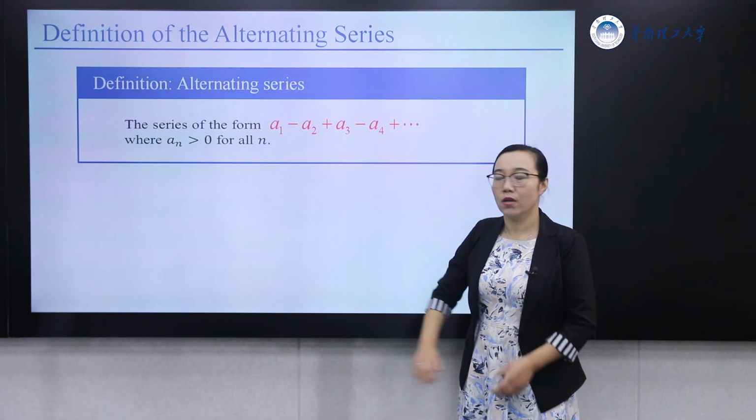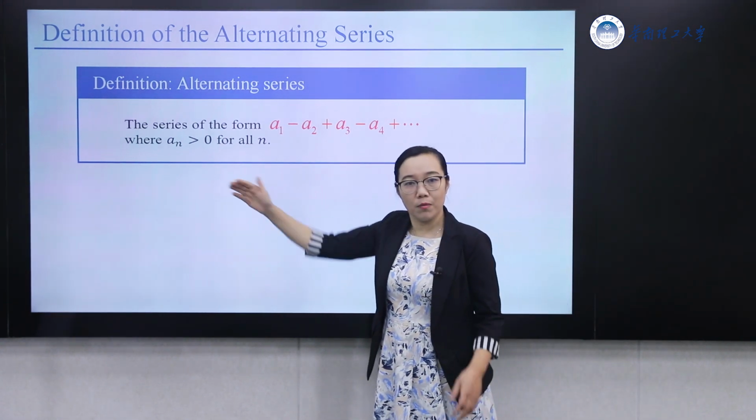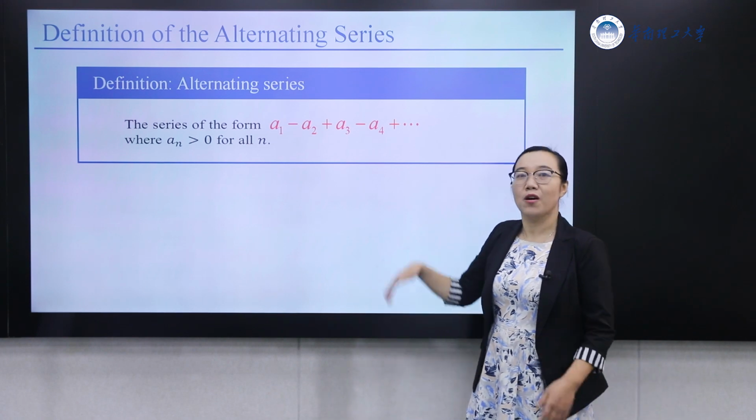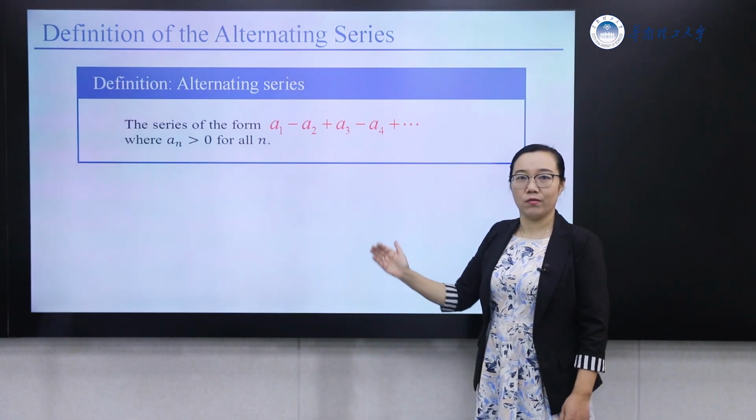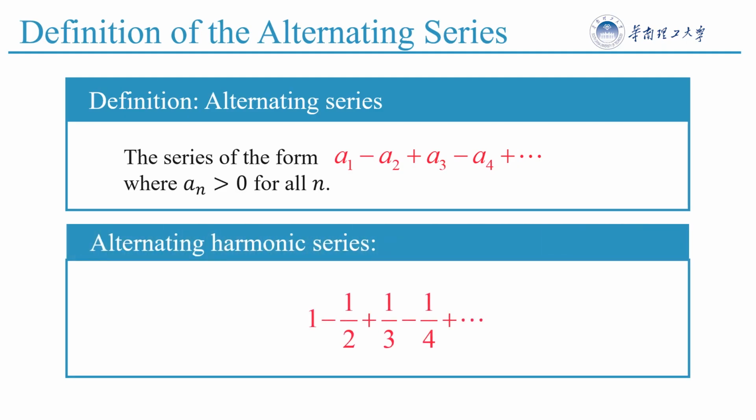Pay attention to the pattern: positive, negative, positive, negative. The alternating harmonic series is a series like 1 minus 1/2 plus 1/3 minus 1/4.